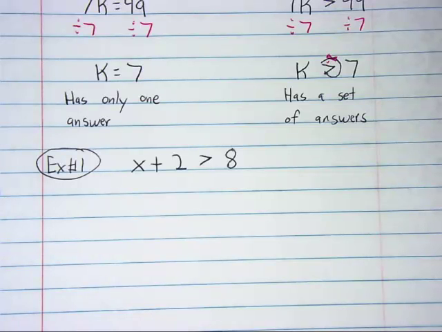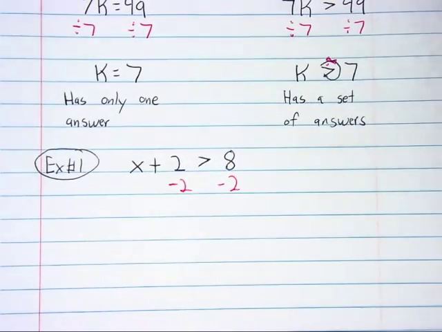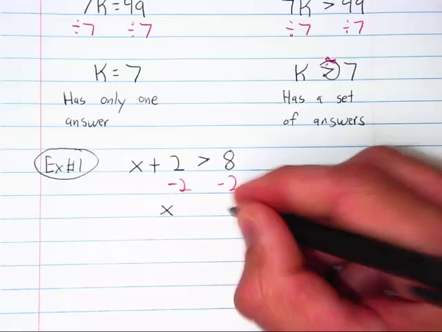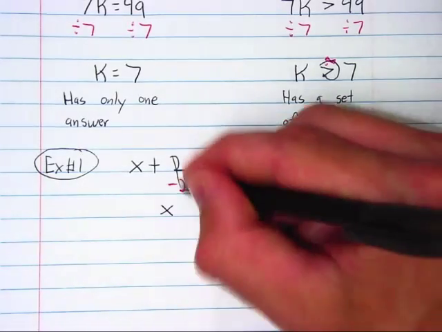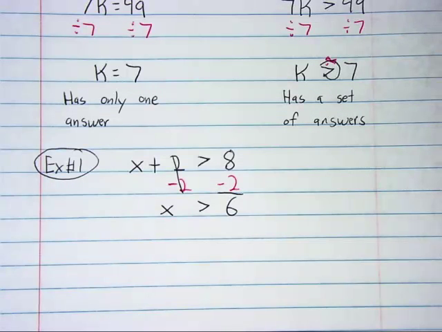Nice and loud. Good, subtract 2. So we would just minus 2, just like it's an equation. Minus 2. So x and 6, but x has to be bigger than 6. So what can we possibly put in here to make this true? 7. 70, 7,700,000, any of those would be right.